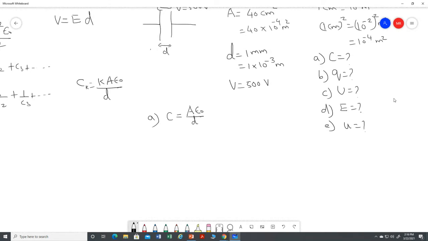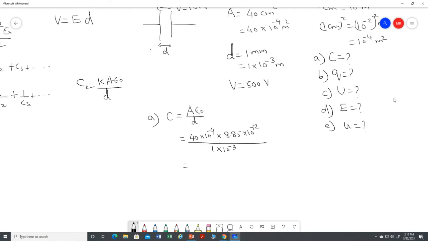Yes. So now you can see area is given. What is that value? 40 multiplied by 10 to the power of minus 4, and epsilon naught is the constant value which will be given. So don't worry. 8.85 multiplied by 10 to the power of minus 12 divided by the distance between the plates, 1 millimeter, which is nothing but 1 multiplied by 10 to the power of minus 3.